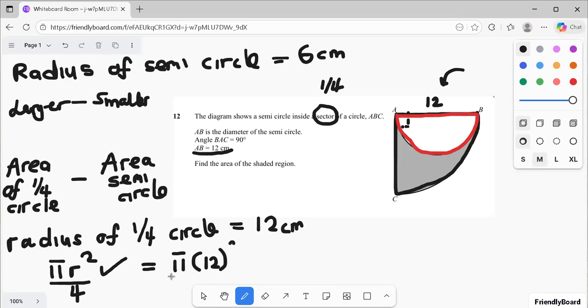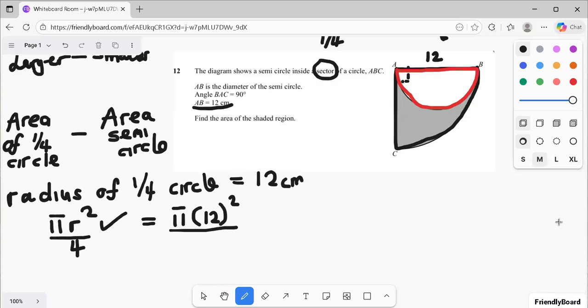So it was important for you to first find the radius of the quarter circle. It was very important. Okay, then I say over 4. If I put this in the calculator, I'm going to get 36 pi. Let me just leave it in terms of pi for now.